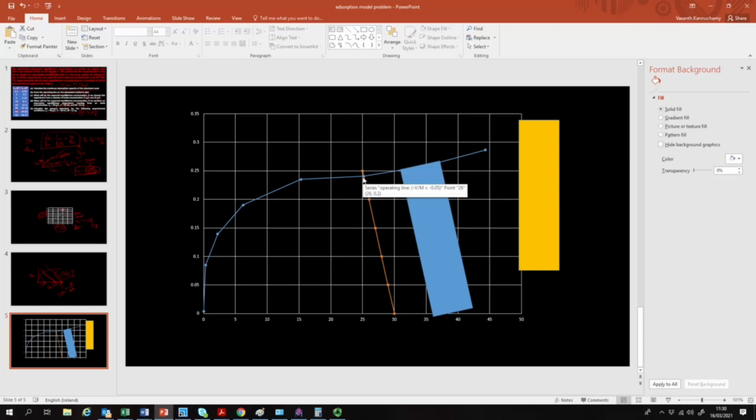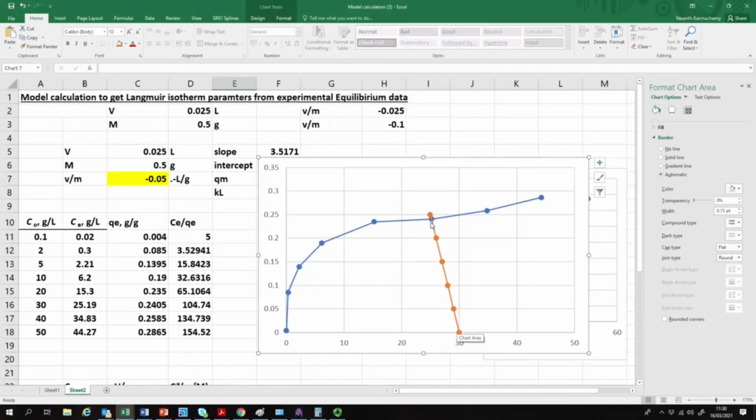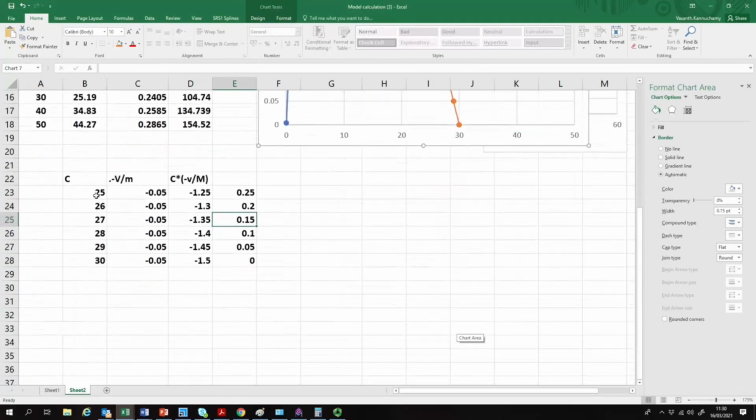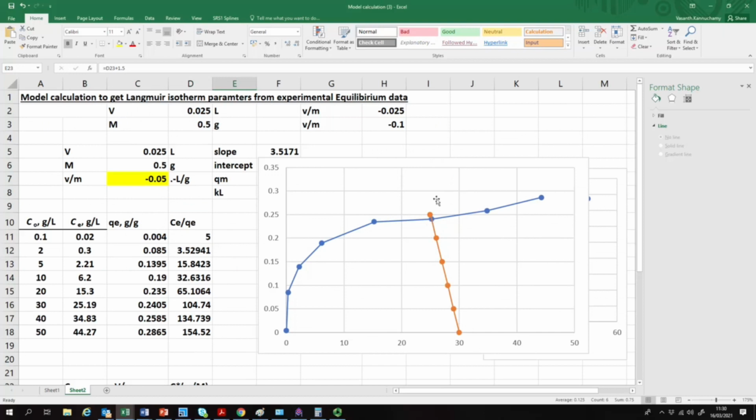I showed this using Excel sheet. We used some tricks, starting from 25, 26, 27, 28, 29, 30, to get values that allow you to plot this line. But for this experiment, it's very simple.